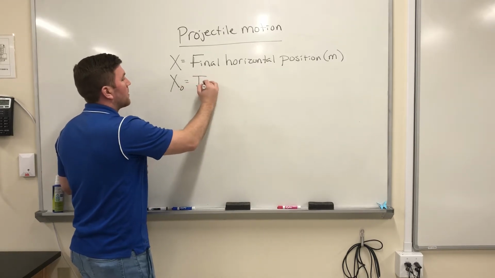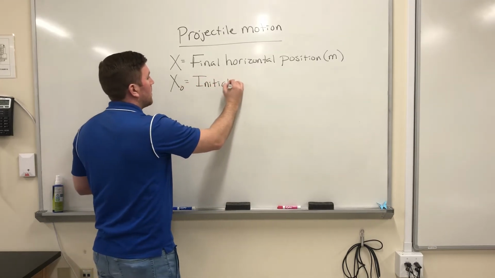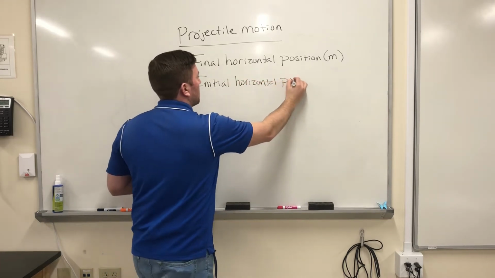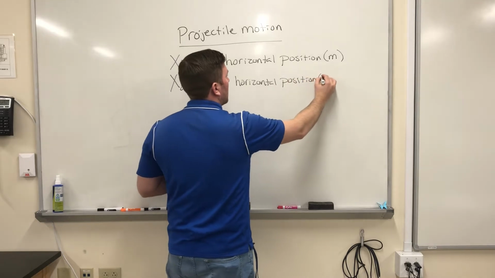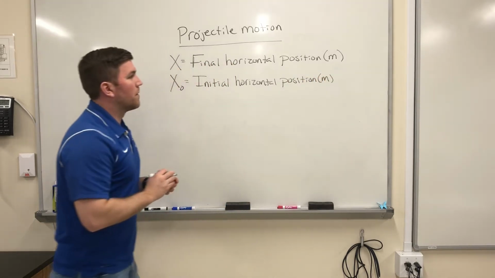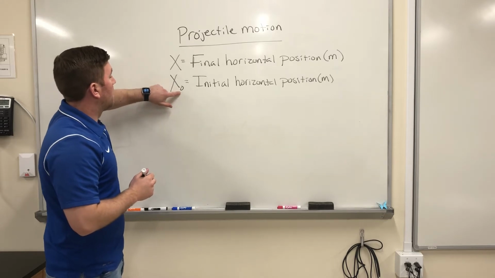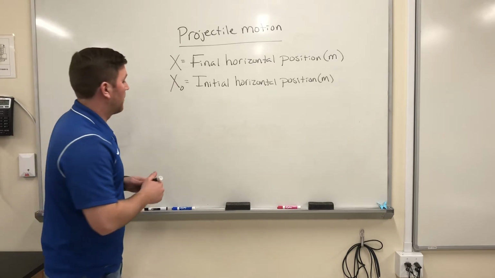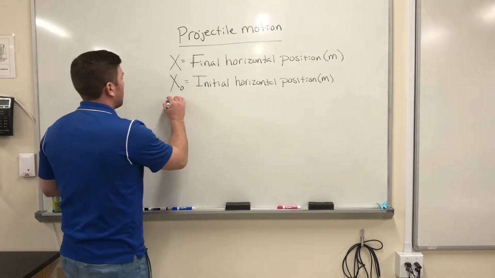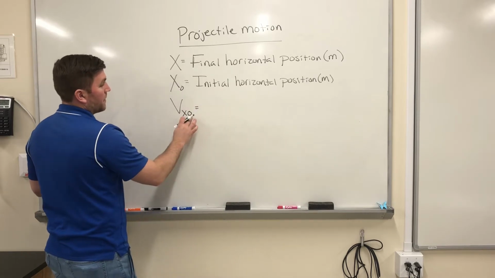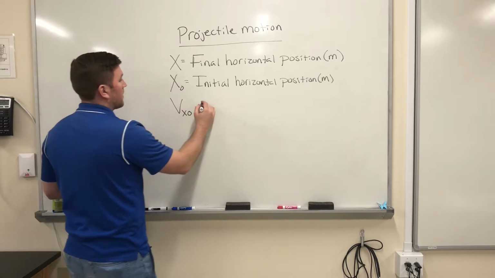XO would be my initial horizontal position, also in meters. And what you want to look for and what you want to see the pattern of is that as we go forward, anything with an X or an O is going to stand for horizontal and initial. So, for instance, the next variable, VXO, stands for initial horizontal velocity.